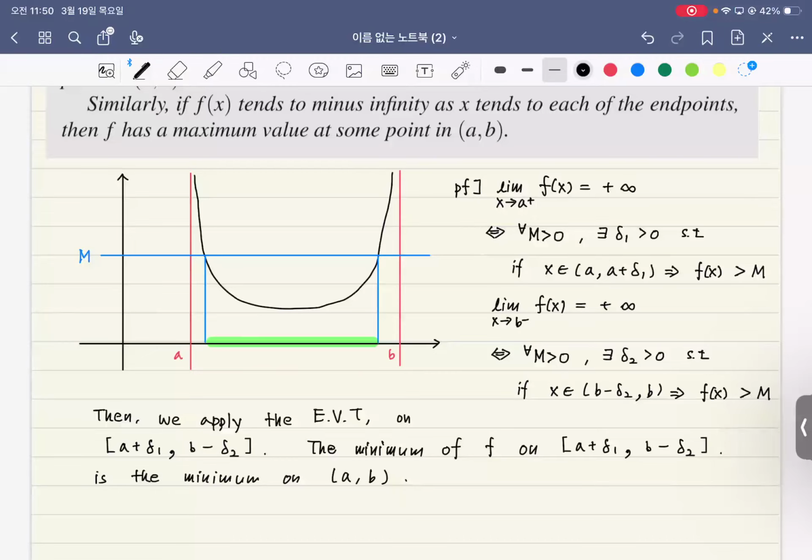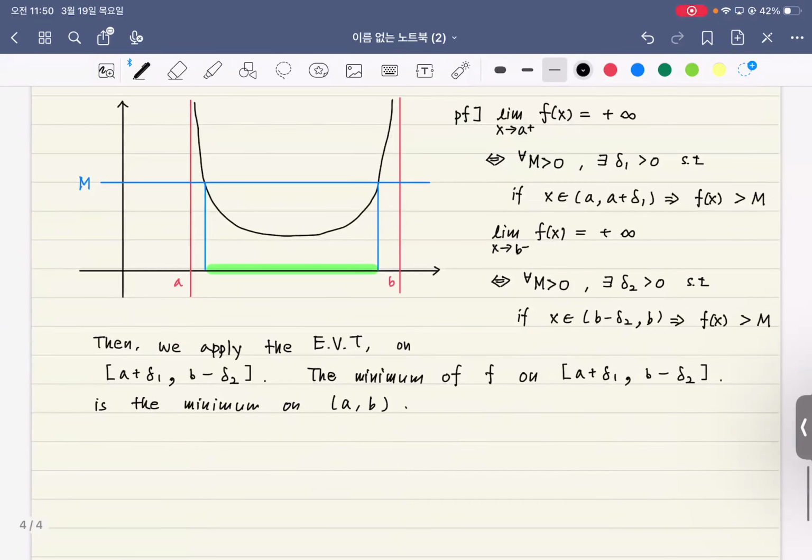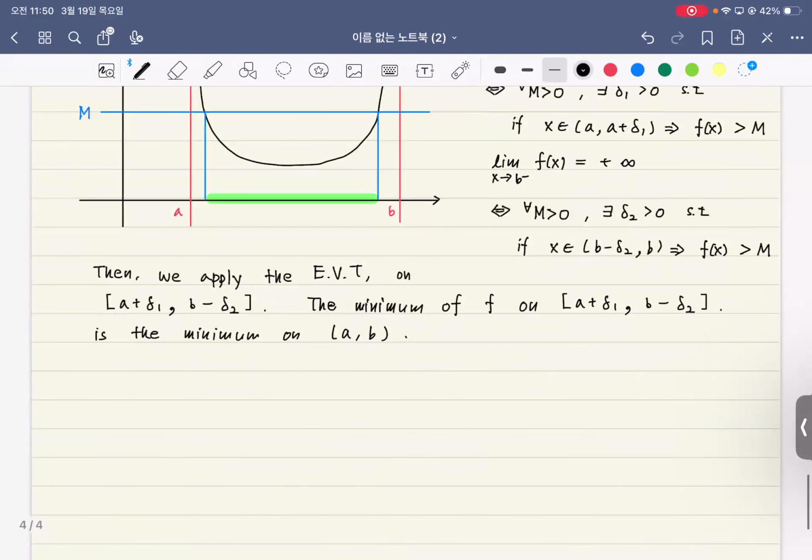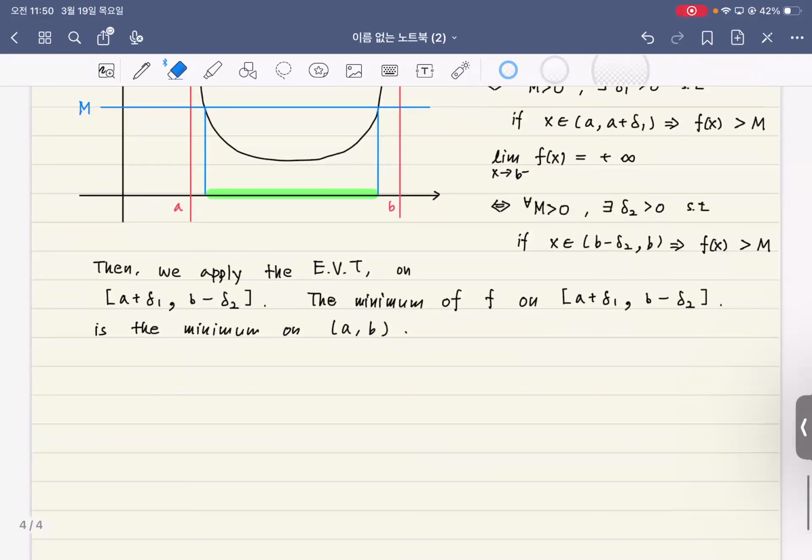Okay, and this ends the proof. All right. So this is the end of the intermediate and extreme value theorem.